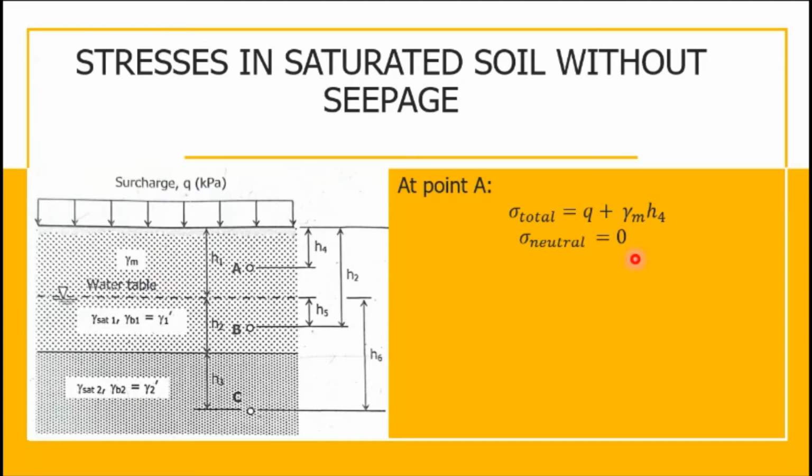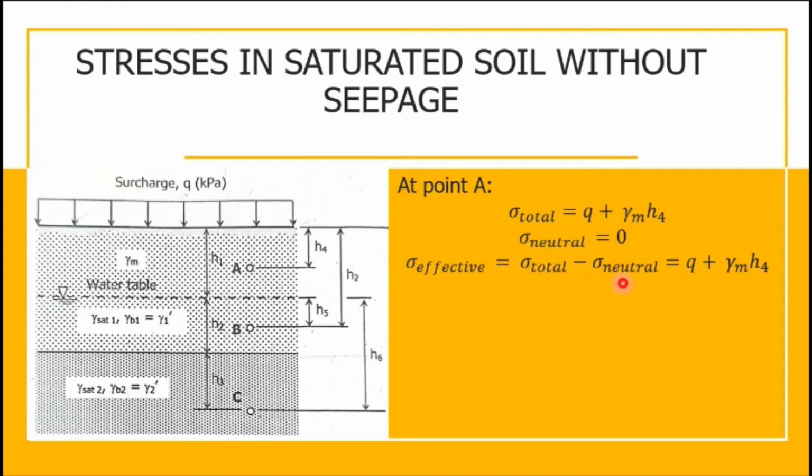And if you're going to get the effective stress, we all know that effective stress is equal to the total stress minus neutral stress, because the total stress is equal to effective stress plus neutral stress. Since the effective stress is always the required one, not the total stress, we're just going to subtract the neutral stress from the total stress.